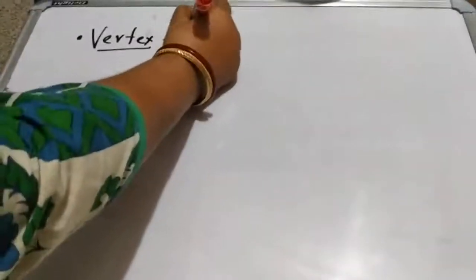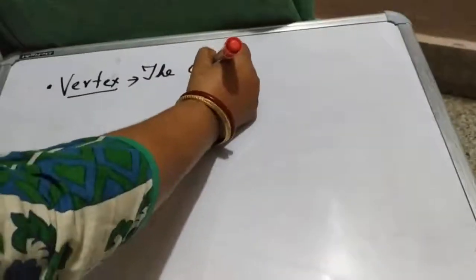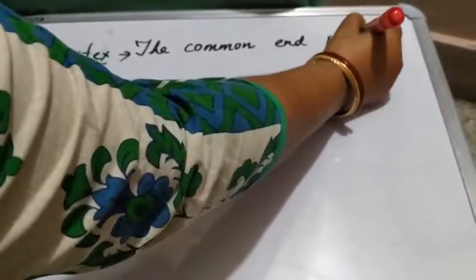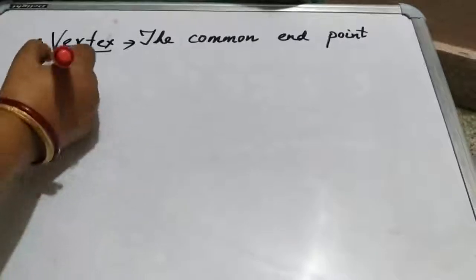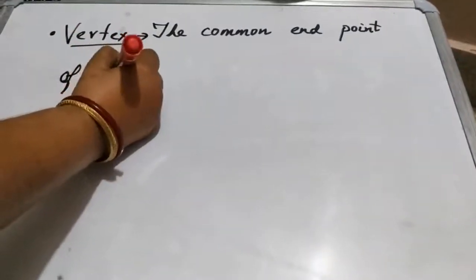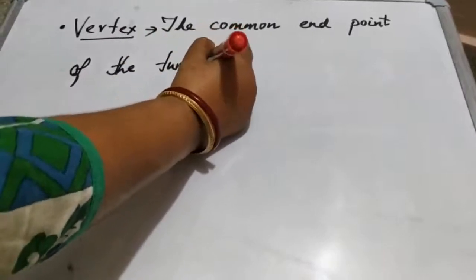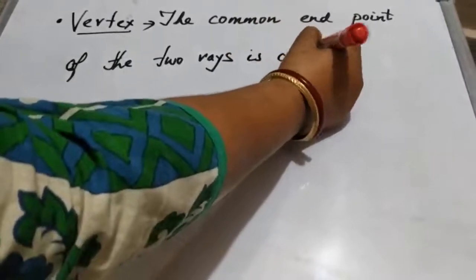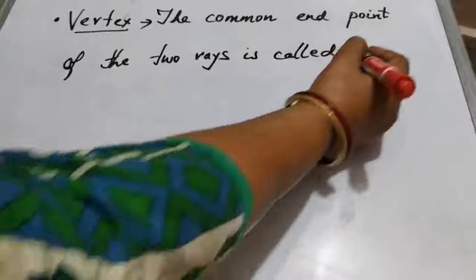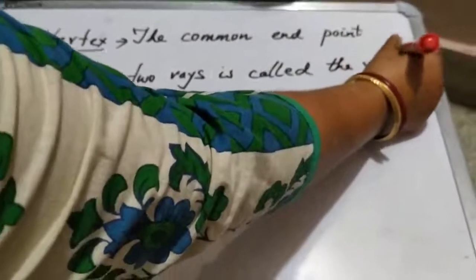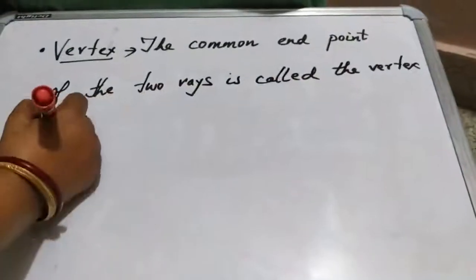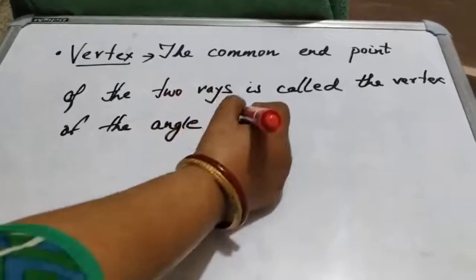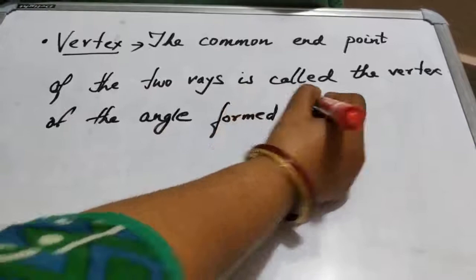The common end point of the two rays is called the vertex of the angle formed by them.